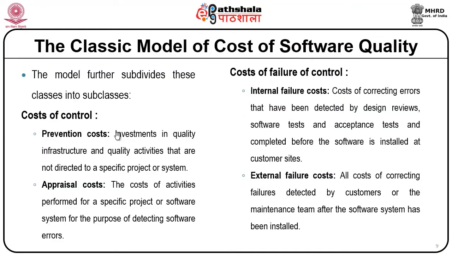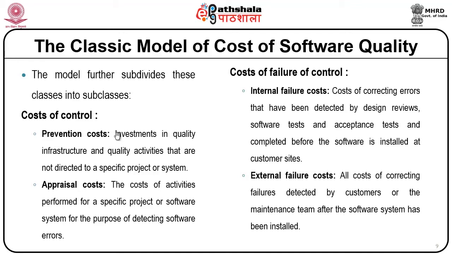The model further subdivides these classes into subclasses. Costs of control, as I have mentioned in the previous slide, prevention costs and appraisal costs. Costs of failure of control, internal failure costs and external failure costs.